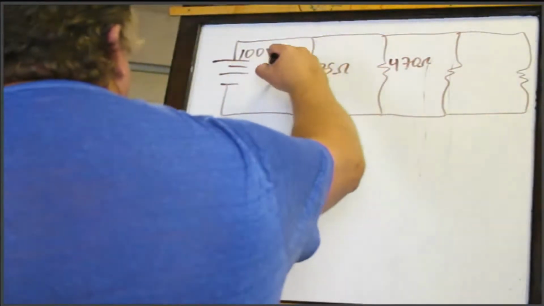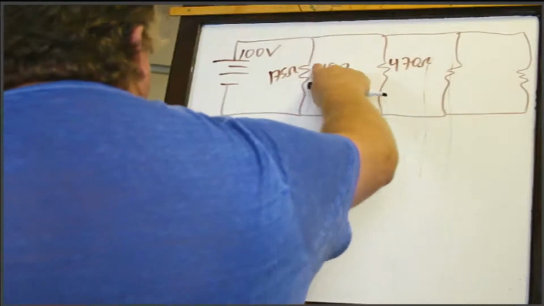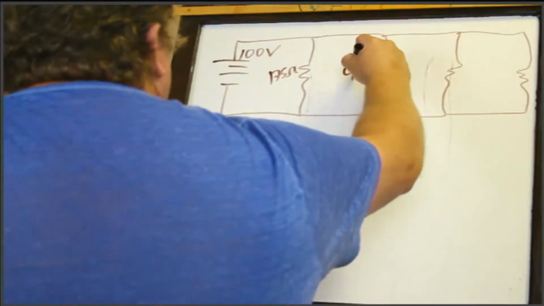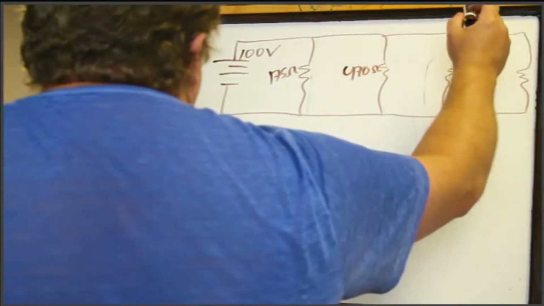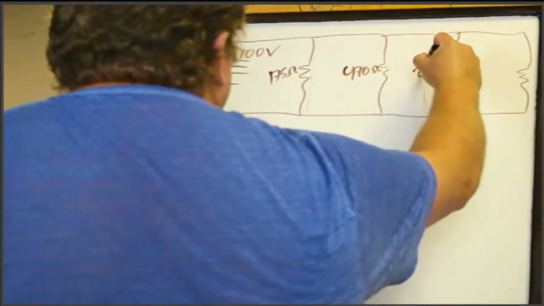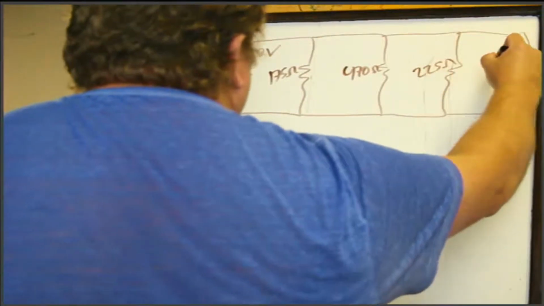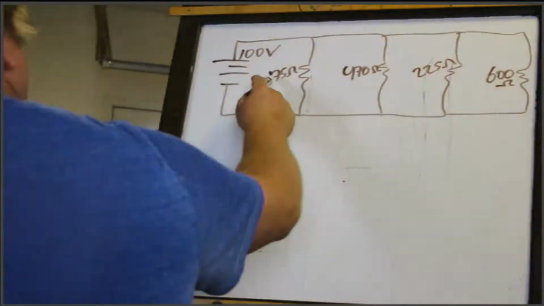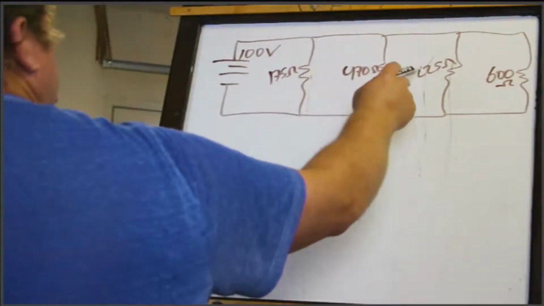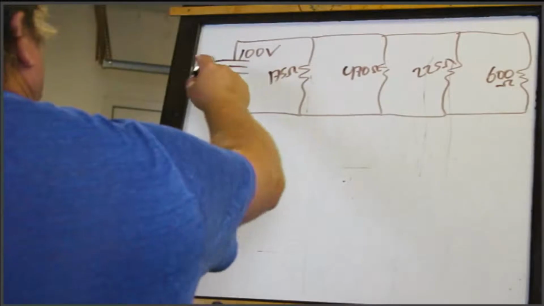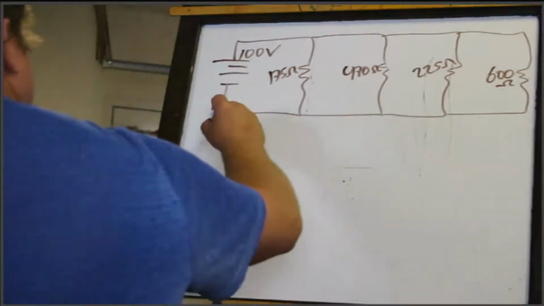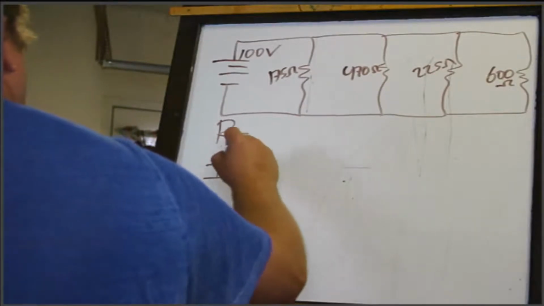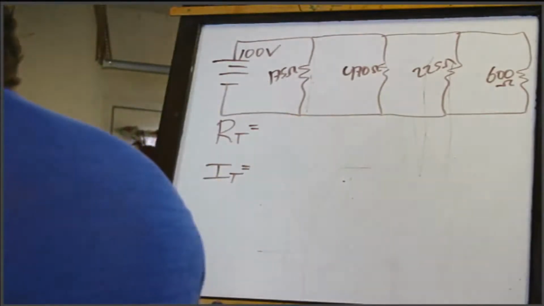Let me write them on the other side here. 175 ohms, 470. Let's do 225 and 600. Okay? 175, 470, 225, 600 with a 100 volt source. Okay? All right, go ahead.